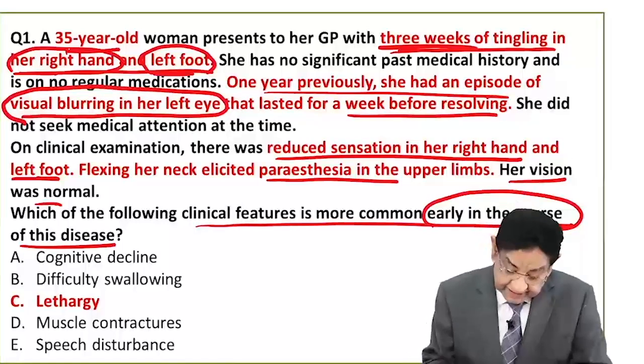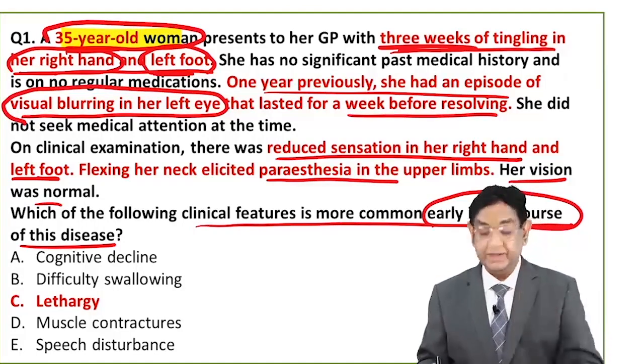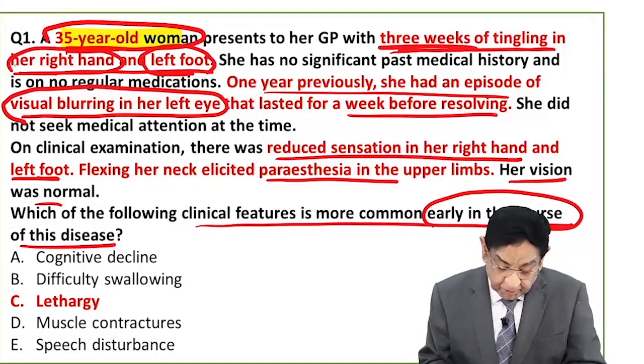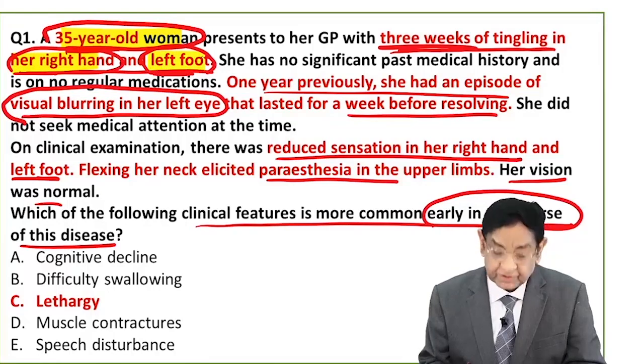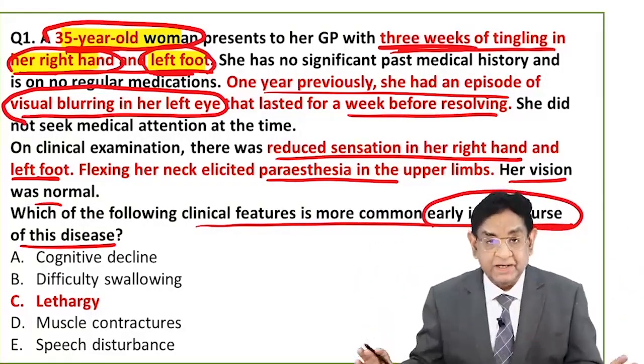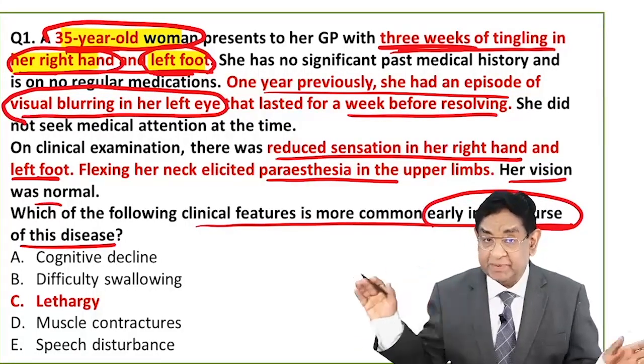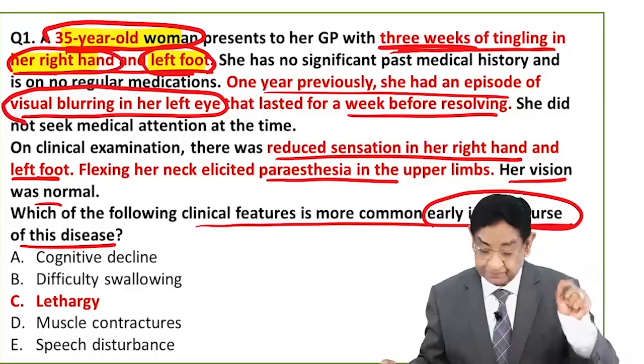First of all, she is a 35-year-old lady patient. Again, important point: she has a problem in the right hand and the left foot. They are not on the same side. They are different sides. That means there is a problem in space.